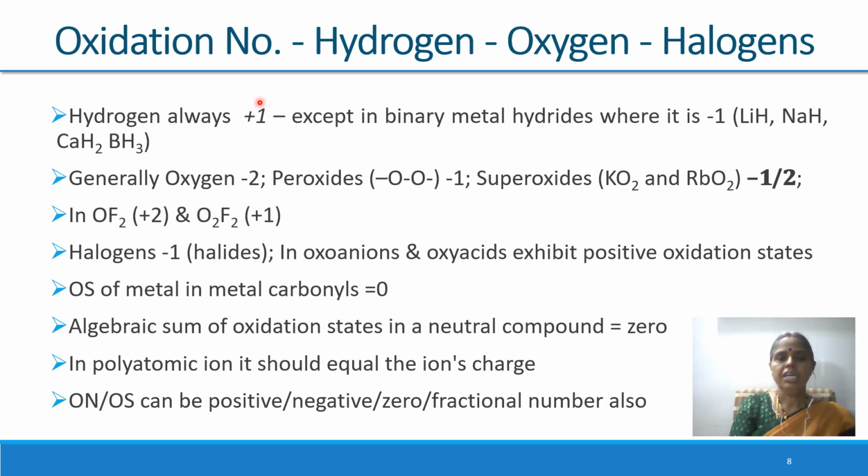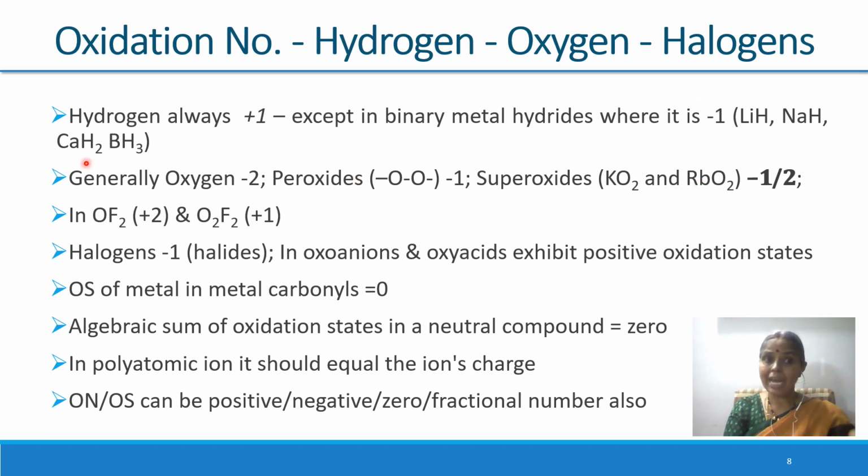Hydrogen we know is always plus 1. But if this hydrogen is combined with an alkali metal to form a binary metal hydride, binary means only two elements will be there in the compound. So if there is a compound between an alkali metal and hydrogen, you call it a metal hydride, then hydrogen will get minus 1.